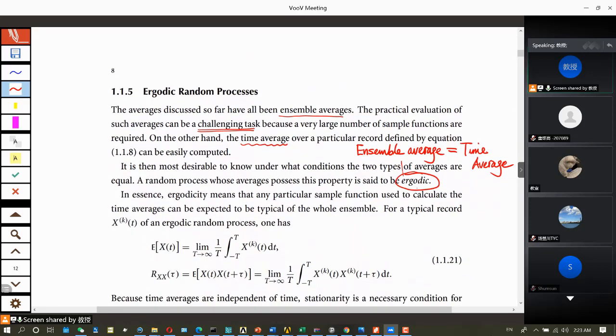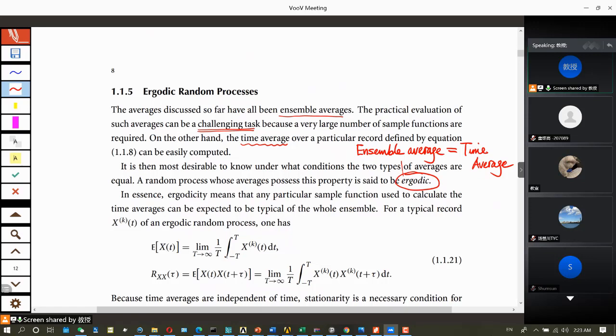So this is the definition of ergodic. In essence, ergodicity means that any particular sample function used to calculate the time averages can be expected to be typical of the whole sample. For a typical record xk of an ergodic random process, one has this property.